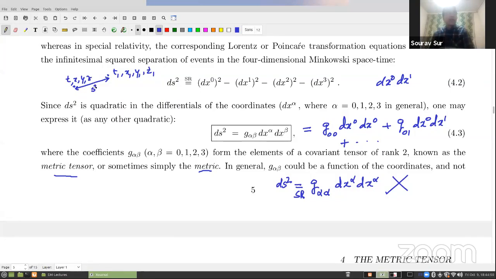The distance separation is s squared, which is equal to c squared (t minus t1) whole square minus (x minus x1) whole square minus (y minus y1) whole square minus (z minus z1) whole square. So this is the squared separation. And ds squared is the differential form of that.